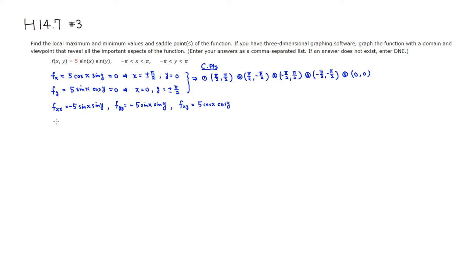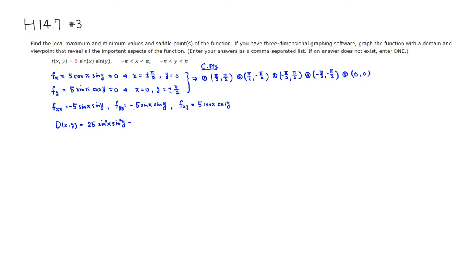So D of (x, y) is going to be negative 5, so it's a 25, then you have sine of x, sine of y, so a sine squared of x times sine squared of y, minus the square of that mixed partial.